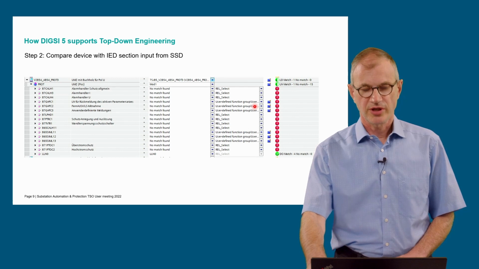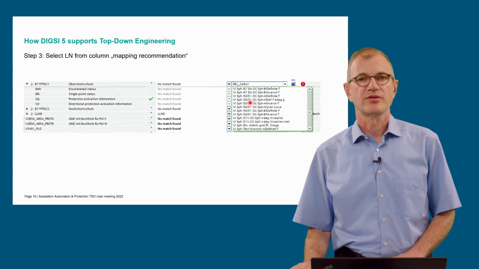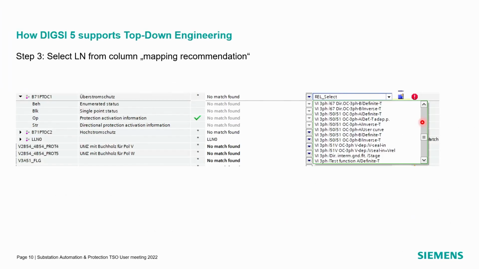So here now you can click on these icons, the blue icons, which starts the creation of the selected functionality. Here a drop-down list shows what could match to a PTOC, or this functionality contains PTOC LNs, so it is selected in this drop-down list.